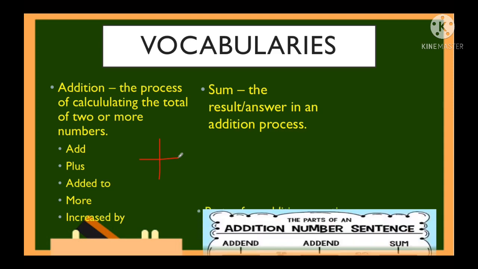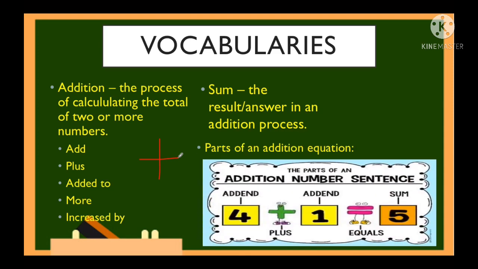Let's see it here. These are the parts of an addition equation. The two numbers are what we call addends. This is the symbol, which I call plus, and then the equal sign. And then the answer here is what we call the sum.